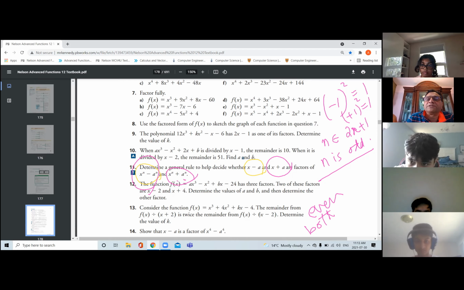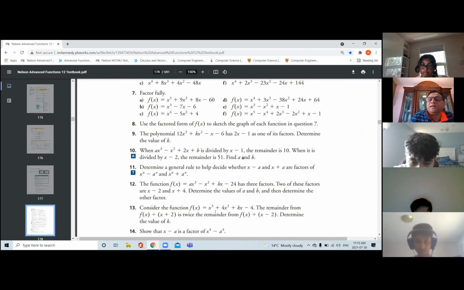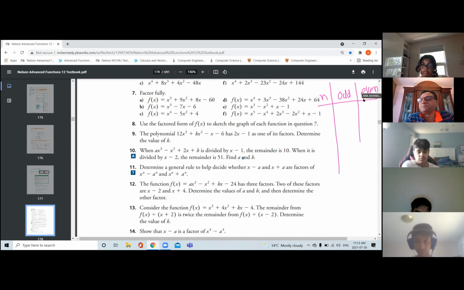So let me summarize like this. When n is odd or even, in that case, what are the factors? If it is even, then as far as x to the power of n plus a to the power of n is concerned, for even we do not have any factor.